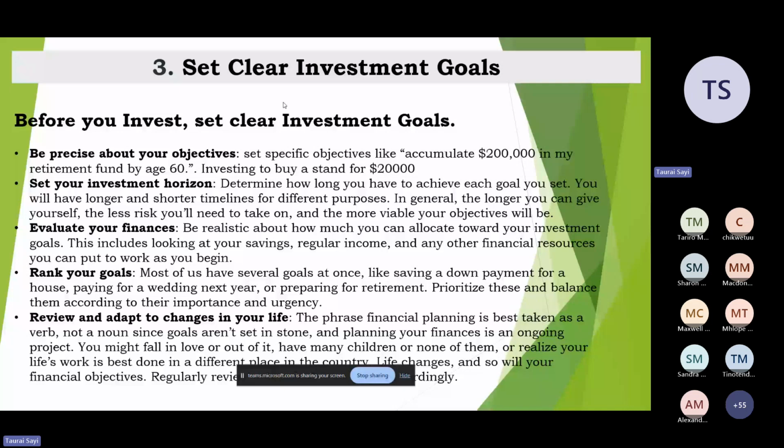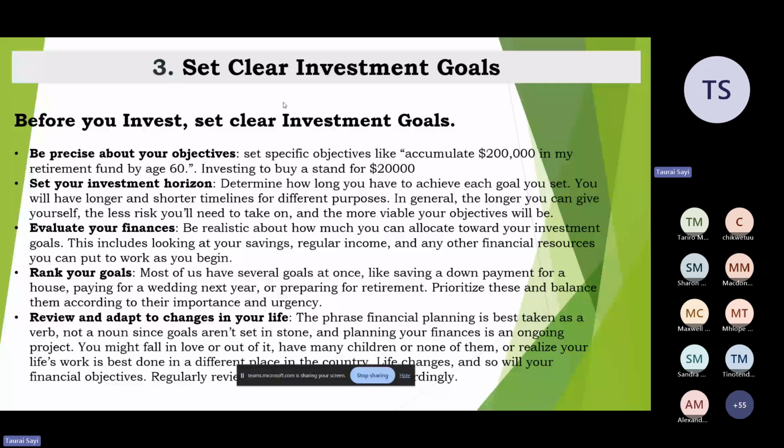Review and adapt to changes in your life. Financial planning is best taken as a verb, not a noun, since goals aren't set in stone. Planning your finances is an ongoing project.